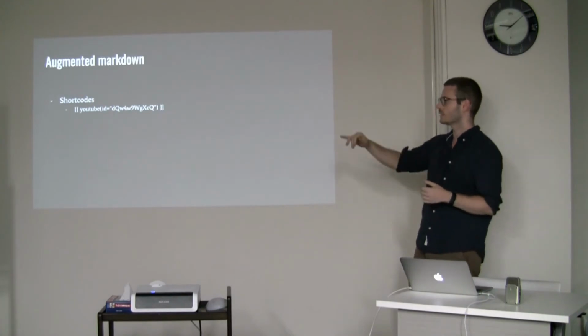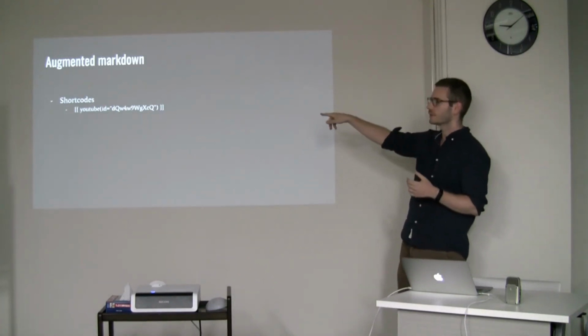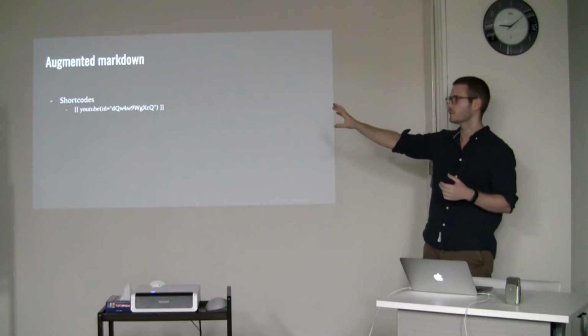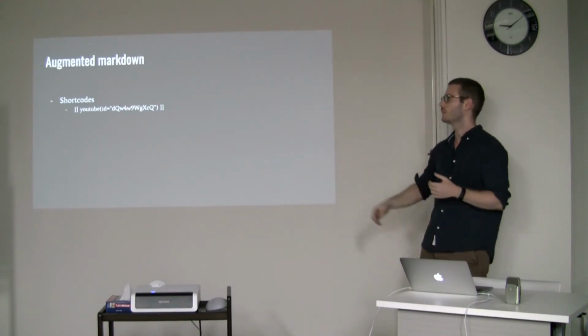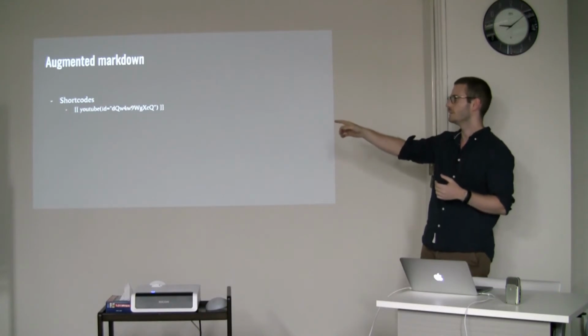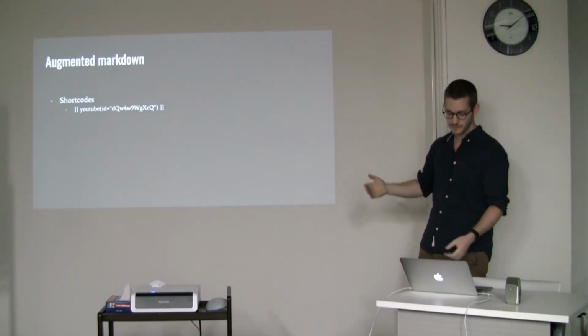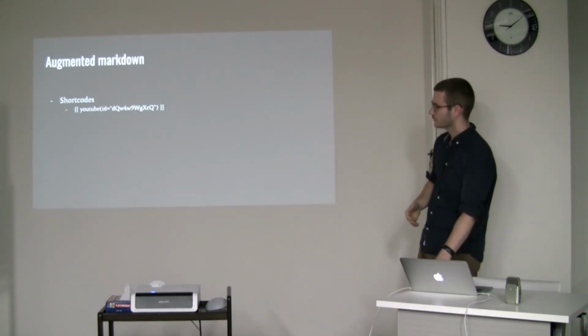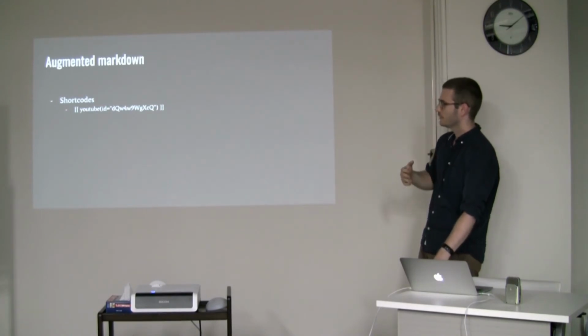So the idea is that you can just have some kind of function that you call that will automatically transform it into the iframe. So when you call this one in Gutenberg, for example, it will just change it into a div with an iframe embedded inside. So that's just working, making it much easier to make nice templates.